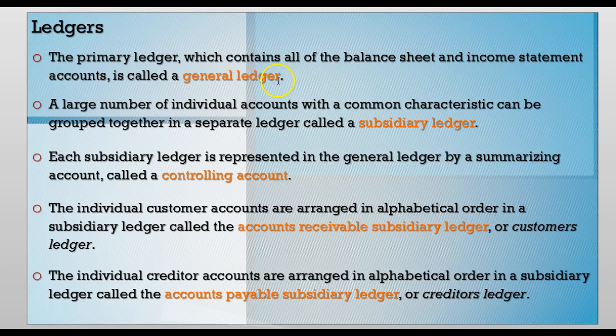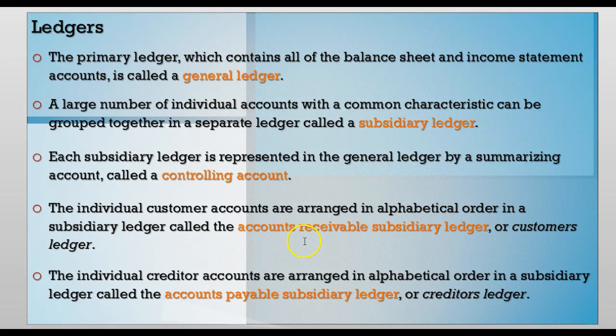So here's a wrap-up. We talk about the general ledger, and that's the backbone. That's your chart of accounts. That's your financial totals. That's everything your whole accounting system revolves around. The subsidiary ledgers support the accounts payable or accounts receivable control accounts that are found in the general ledger.